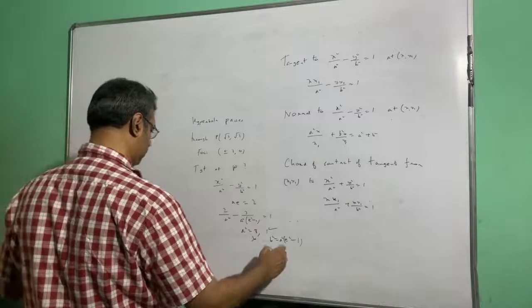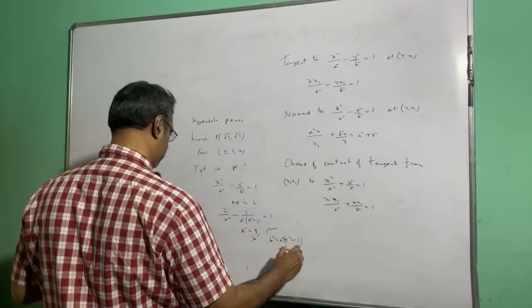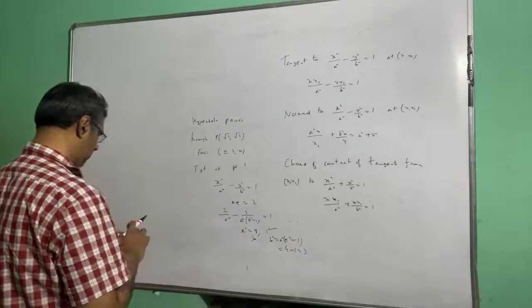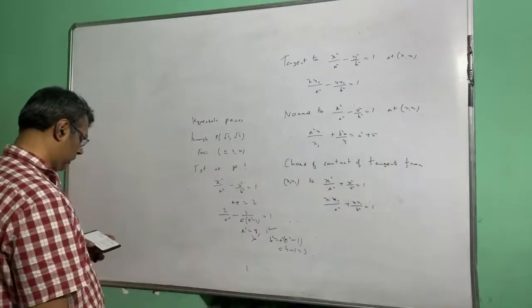So b square is a square into e square minus 1. So b square will be equal to 4 minus 1, that is 3. So we have got a square is 1 and b square is 3.